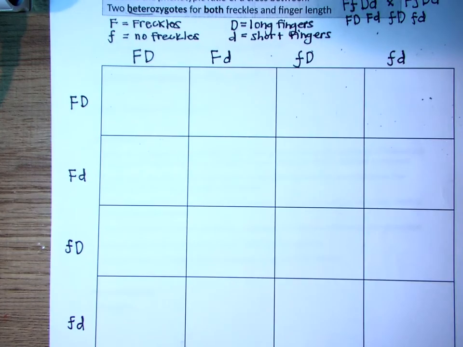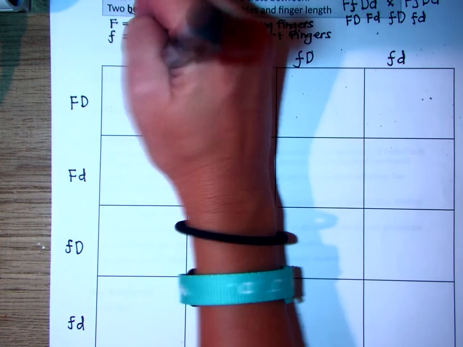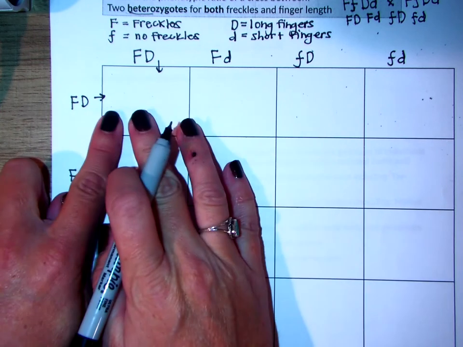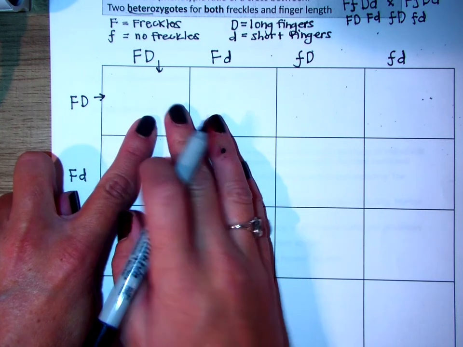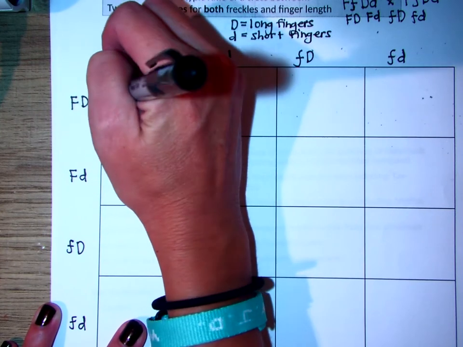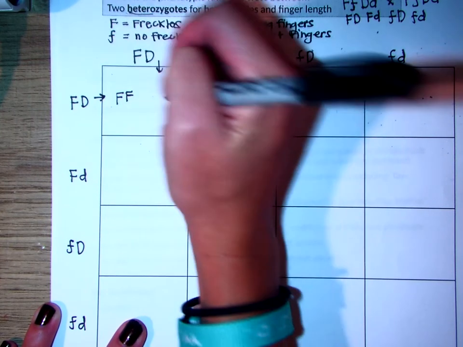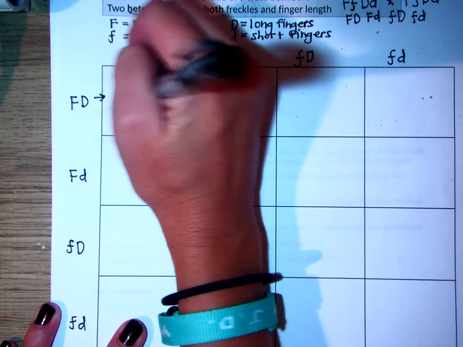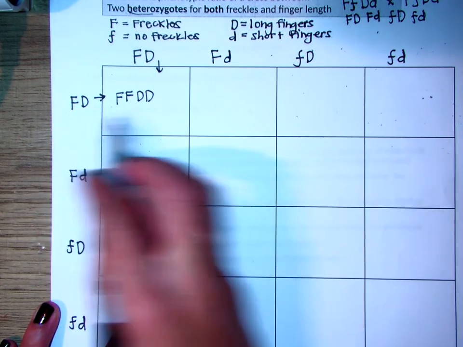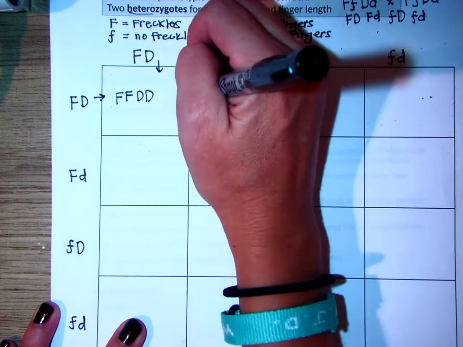Okay, and then it's the same thing as with the monohybrid crosses. Remember to always do the capital letters first. I've decided to do the F's first, so we're always going to keep the F's together, and then do the D's second. When these gametes fertilize each other, you would get big F, big F, big D, big D. Now let's drag these down and over.